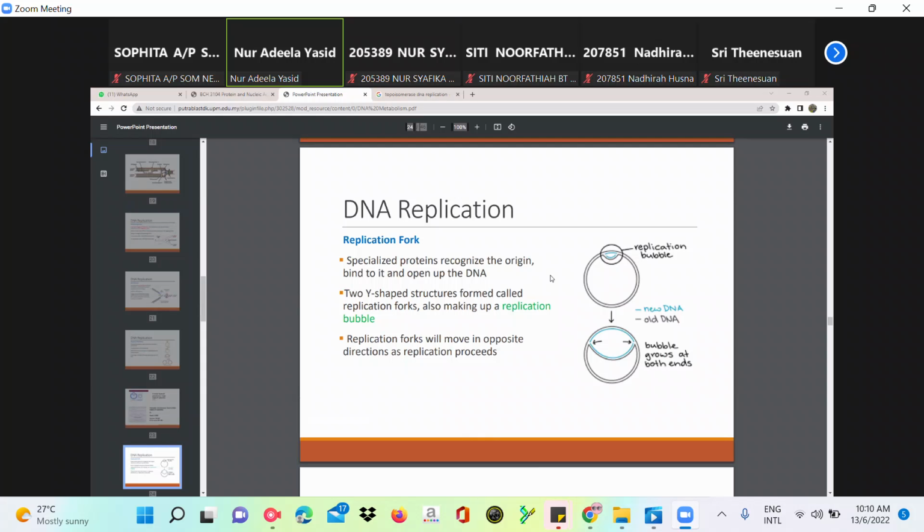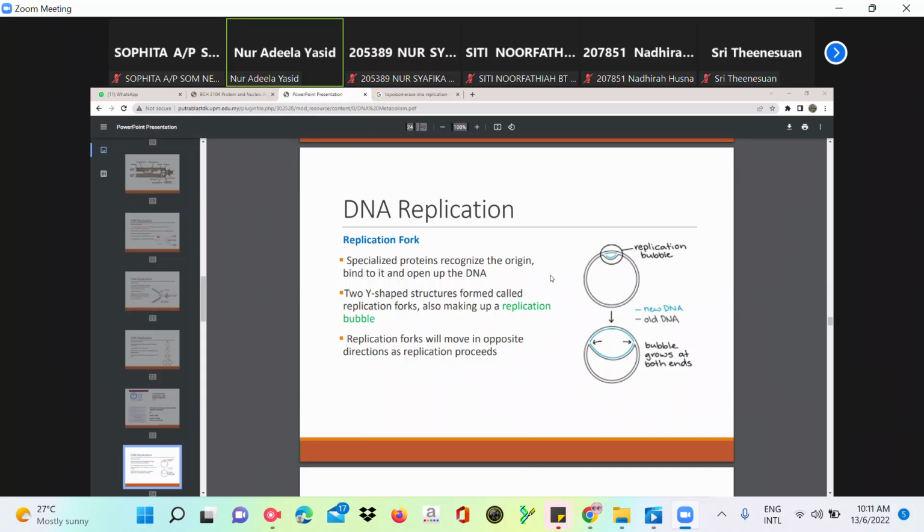Replication fork is a situation that occurs after helicase has broken down the DNA, so it opens up into two. From there, that Y-shaped structure is known as a replication fork.